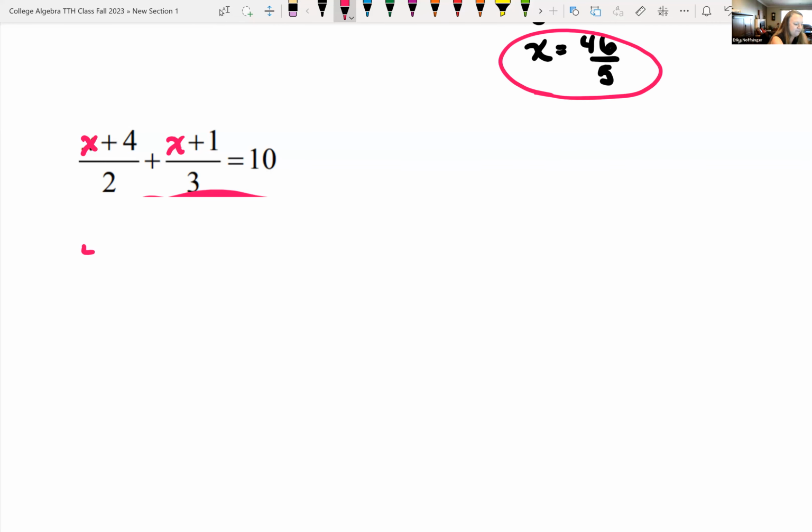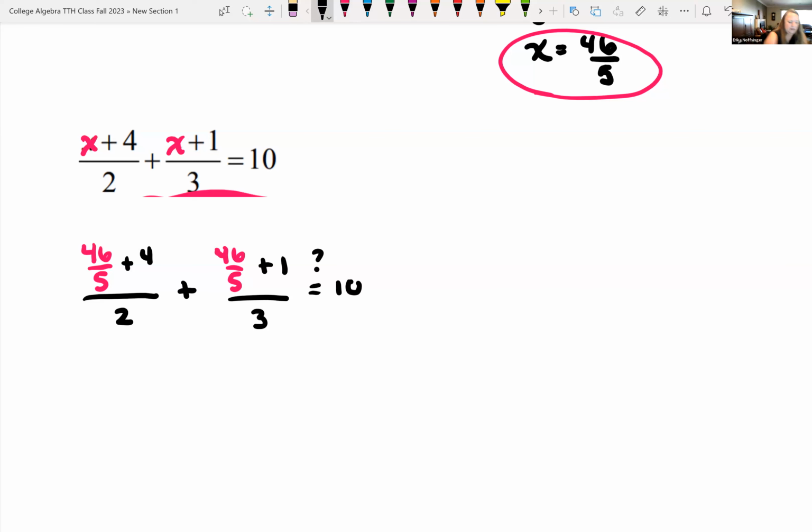So I would have 46/5 plus 4 all over 2 plus, I see an x, so replace it with 46/5 plus 1 all over 3 is equal to 10. And we're checking this. So we're just making sure that the left-hand side, once we simplify that down, equals the right-hand side. This is a little messy because I have complex fractions, fractions within fractions.